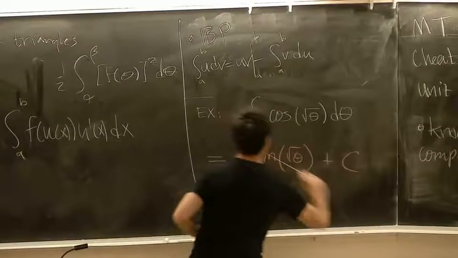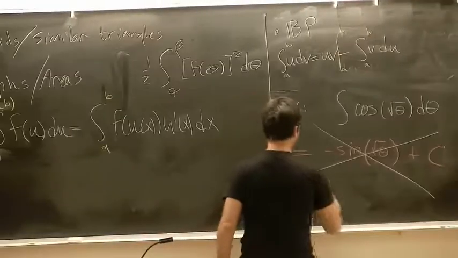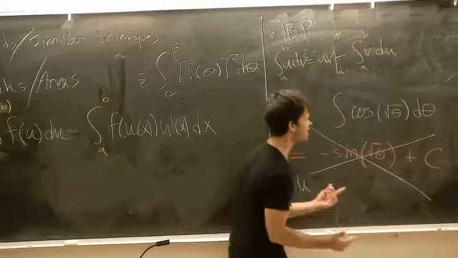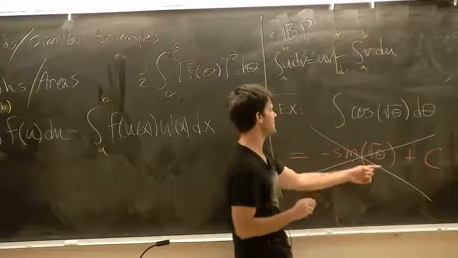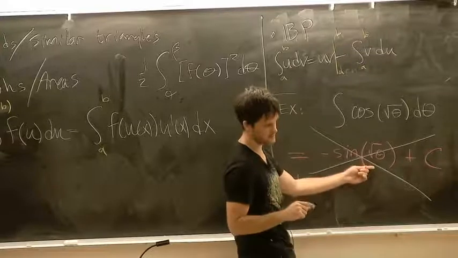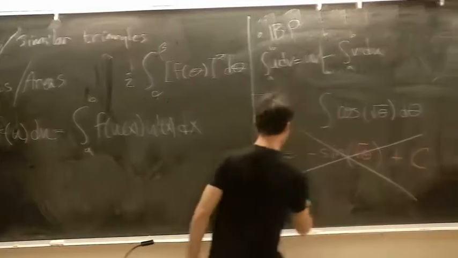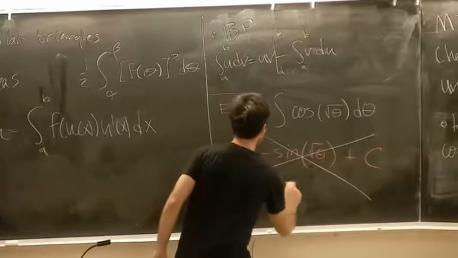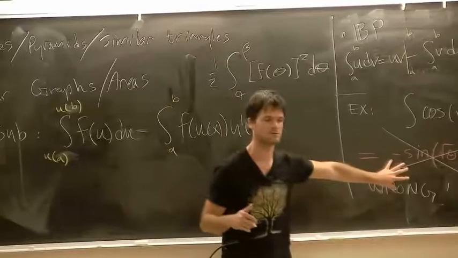If you wanted to check your supposed answer, you would see that when you took the derivative of this and applied the chain rule, you wouldn't get this. So the first thing you tried doesn't work.